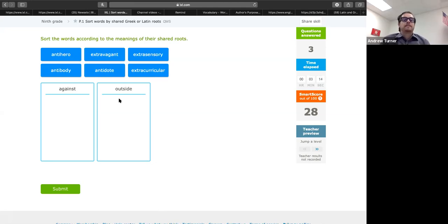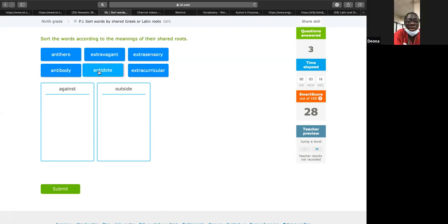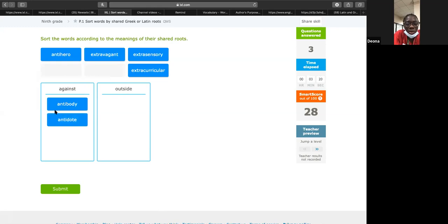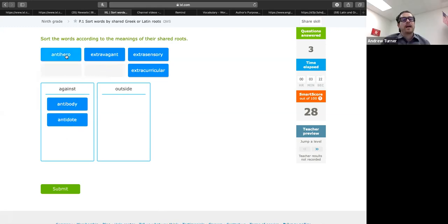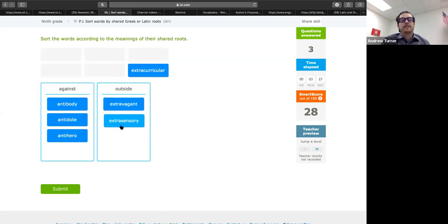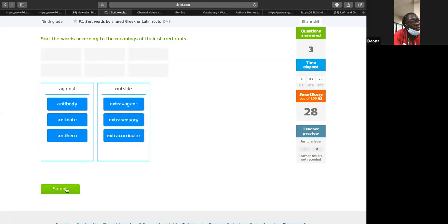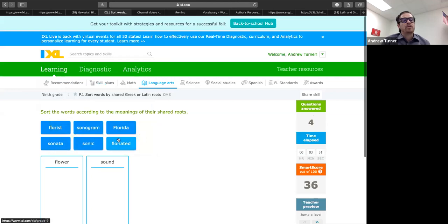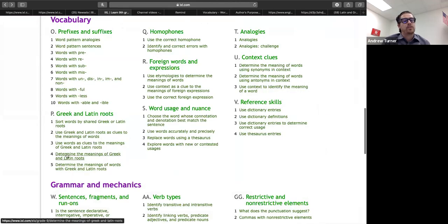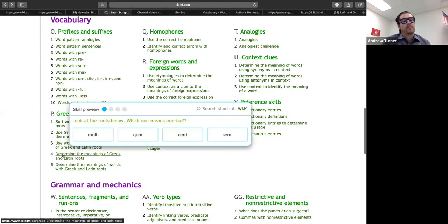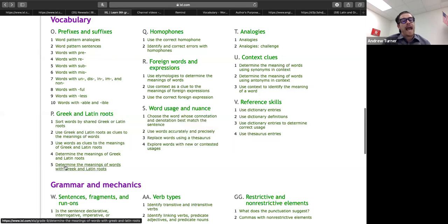Oh, so antibody would be against something. Yeah. All the antis are against. Antidote, yes. All the antis are going to be against. Your anti-hero is not your hero. It's the villain. Okay. All right. So we got that. We're going back to determining the meanings of Greek and Latin roots.